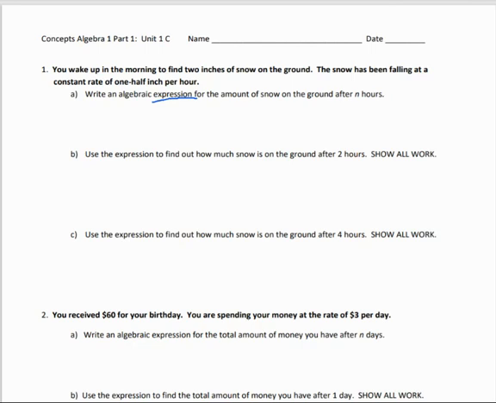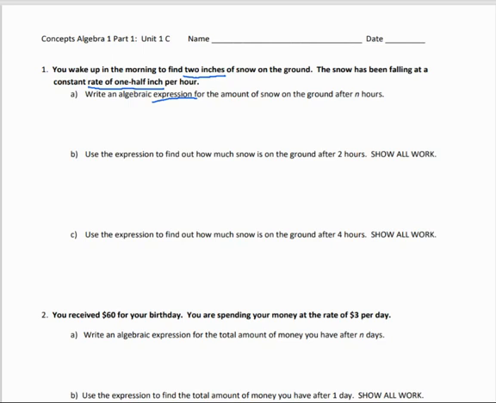So what do we know for a fact? We know for a fact that there is already 2 inches of snow. And then we also know it's falling at a rate of 1/2 inch. So for my expression, I'm going to lead us with this one so that you guys can practice one on your own afterwards.